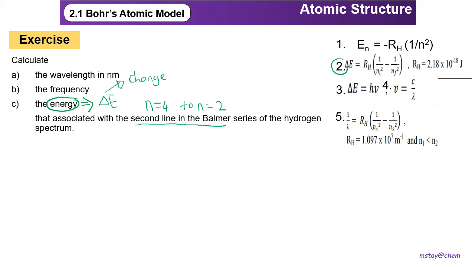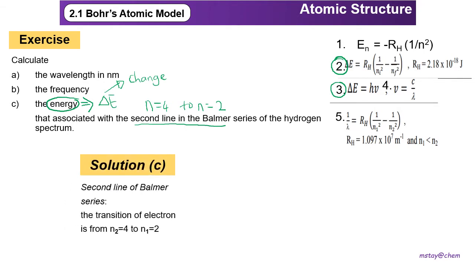From here we can see the second formula and the third formula are able to help us get the energy. In this example, the formula used is the second formula, n initial squared minus n final squared. Again, just a reminder, n initial is n equal to 4, while n final is n equal to 2, because light is produced when the electron drops.